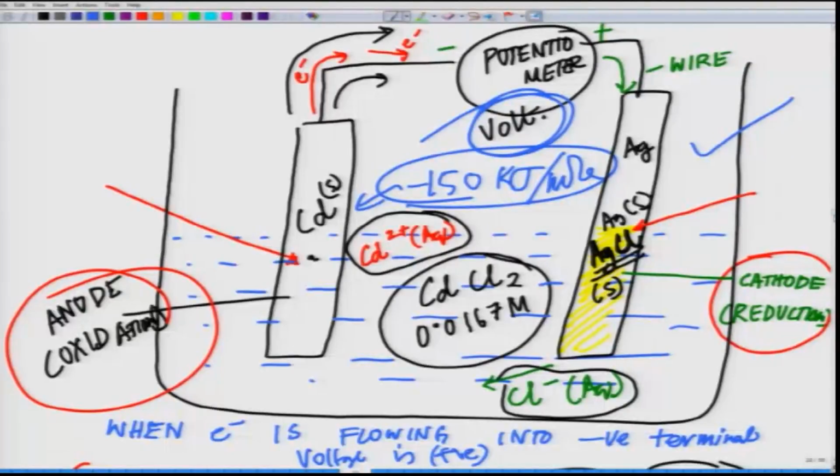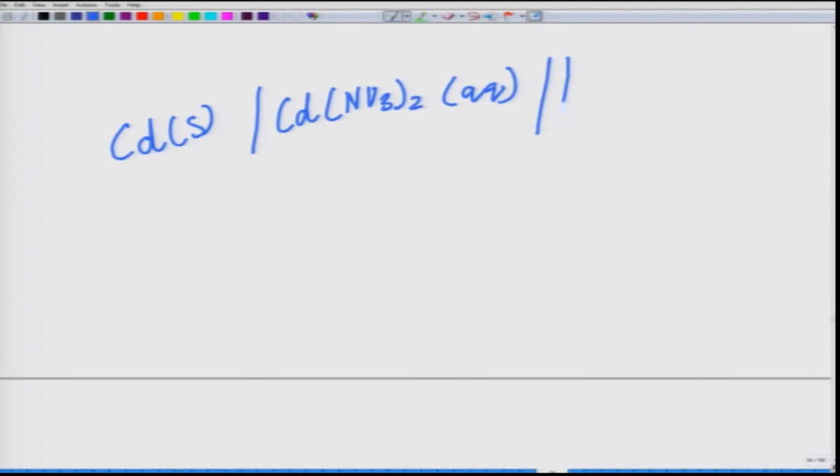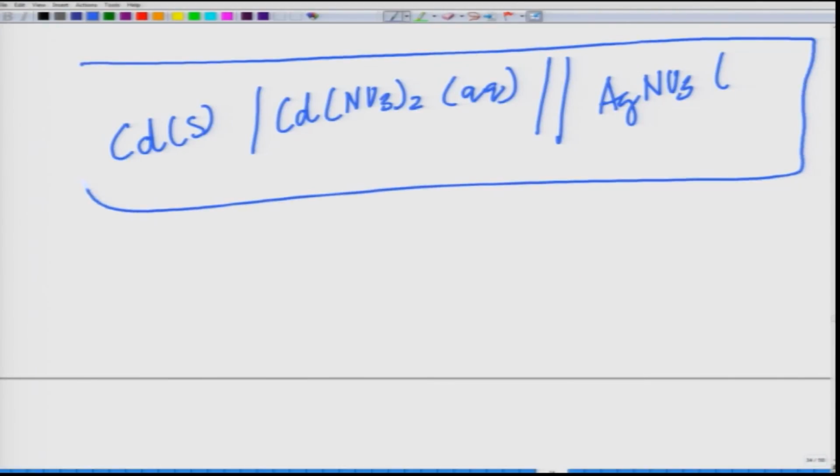Now, if we talk about the current reaction, then this will be Cd solid, Cd NO3 2 aqueous. Now, here is the salt bridge, AgNO3. Let us have the line notation for it, where you have cadmium solid, cadmium nitrate. This is the first phase boundary we are showing, in which cadmium nitrate is the electrolyte.